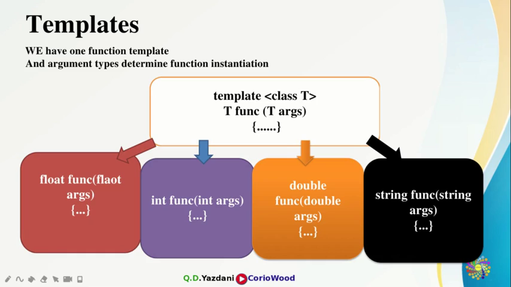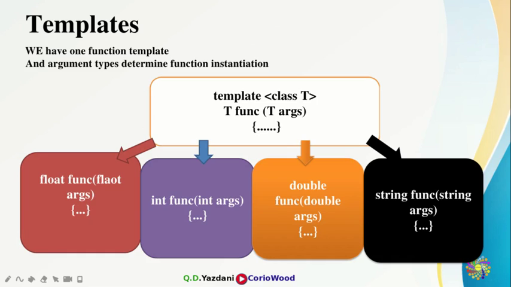So the word template, then a class, and you need a parameter as a T. Don't get me wrong, you see this T all the time, and you can put x, you can put a, whatever you like. But the reason all programmers put a T is so they remember it's a template, T func, and you need to put tr.